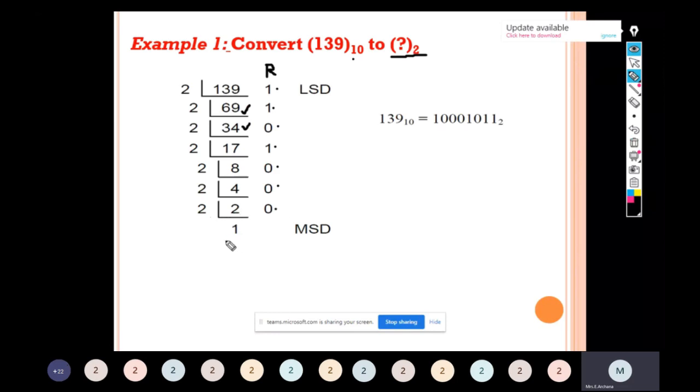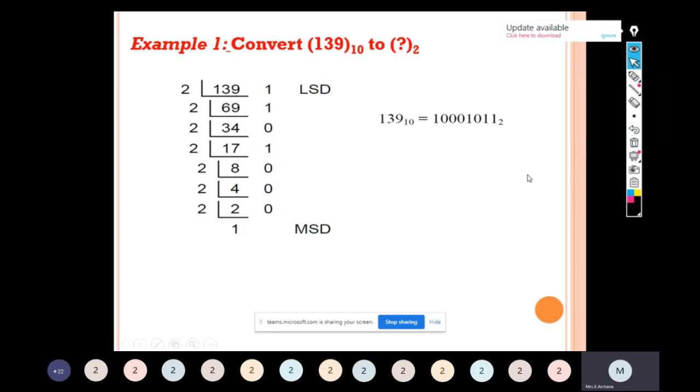So you have to write the number from bottom to top. This is the way you write the answer. So the answer will be 10001011 to the base 2. This is the way you do decimal to any radix.